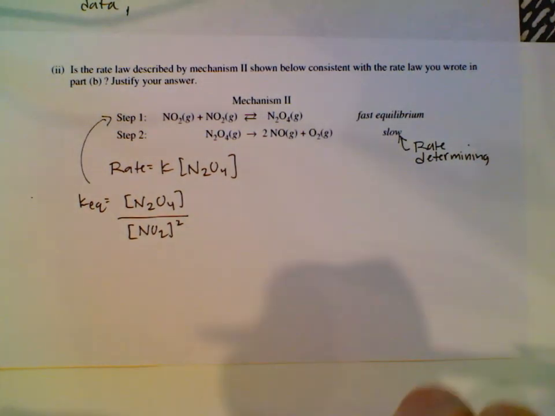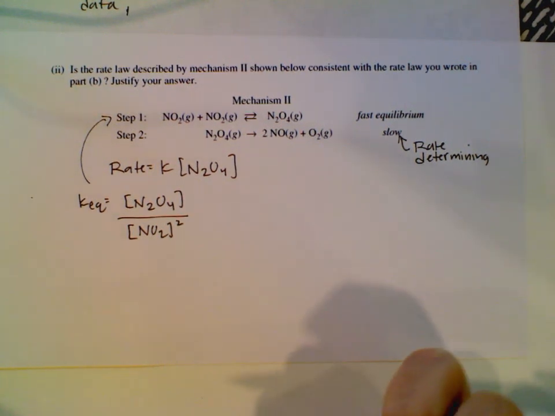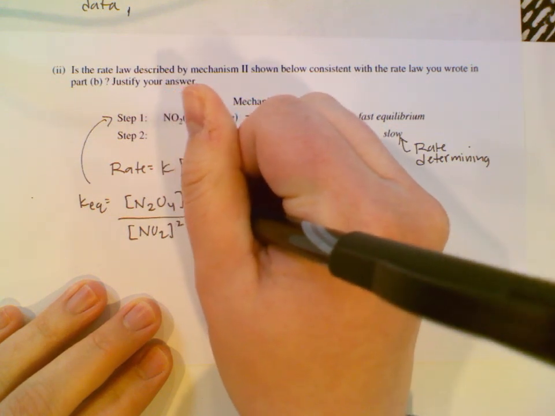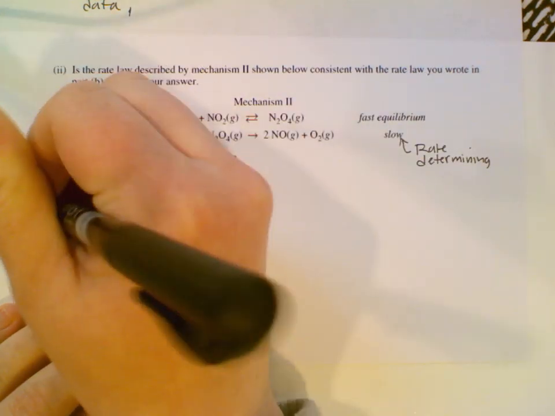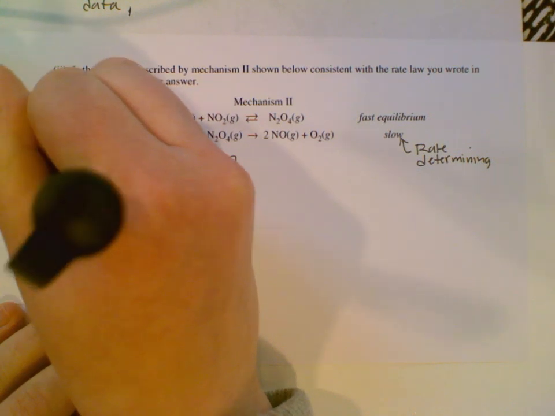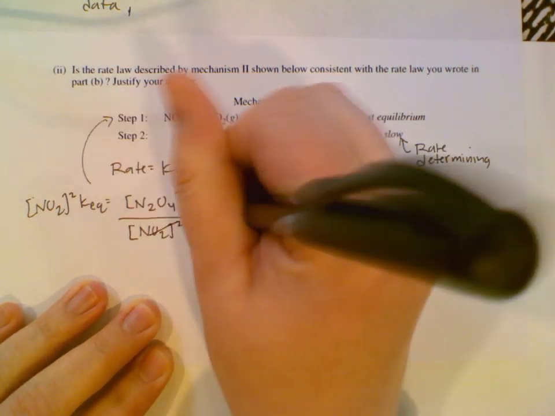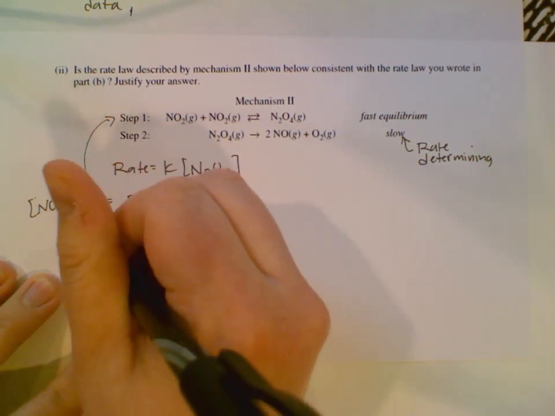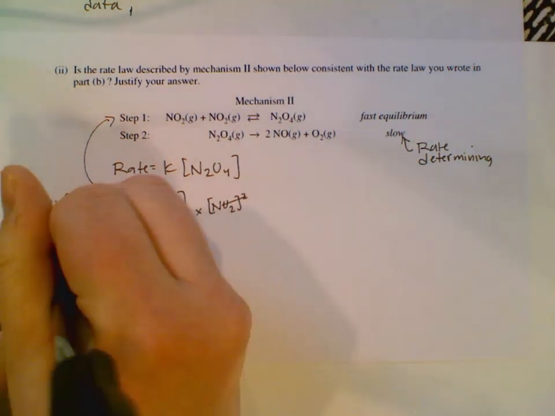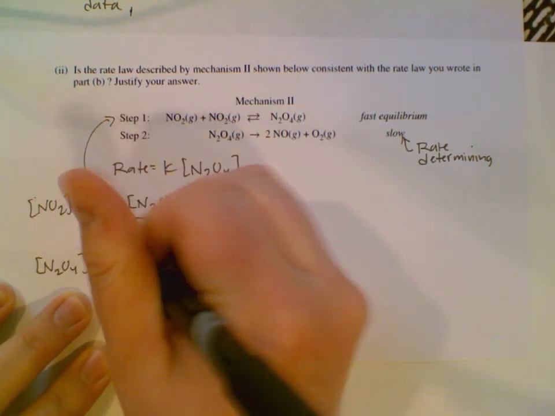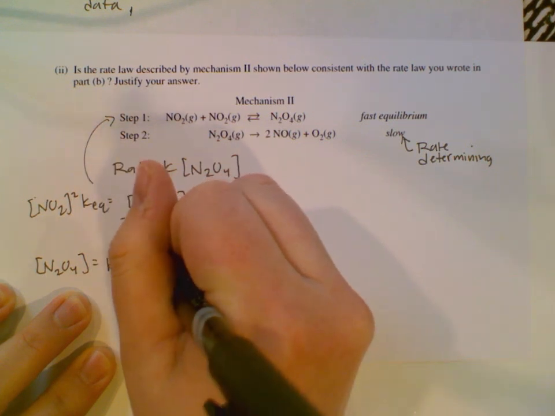So if I do a little bit of algebra magic, I can rearrange it so that NO2 squared disappears from the side of N2O4, and I'm going to bring it to the opposite side. Okay, so these cancel out. So what I'm left with is a situation where the concentration of N2O4 is equal to an equilibrium constant times the concentration of NO2 squared.